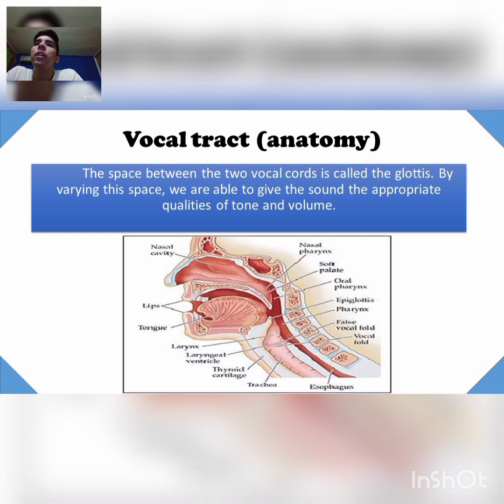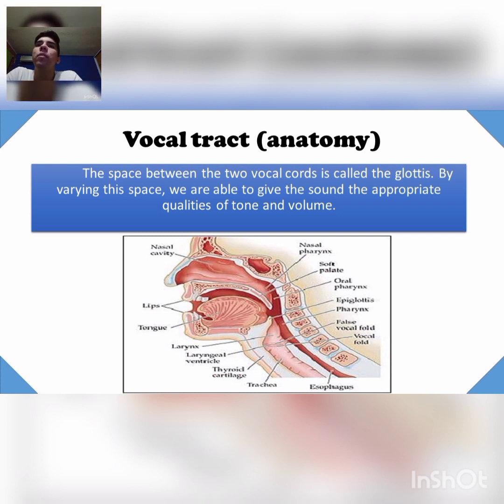This amplification takes place in the nasal, oral, and pharyngeal resonators, where modifications are produced that consist in increasing the frequency of certain sounds and decreasing others.